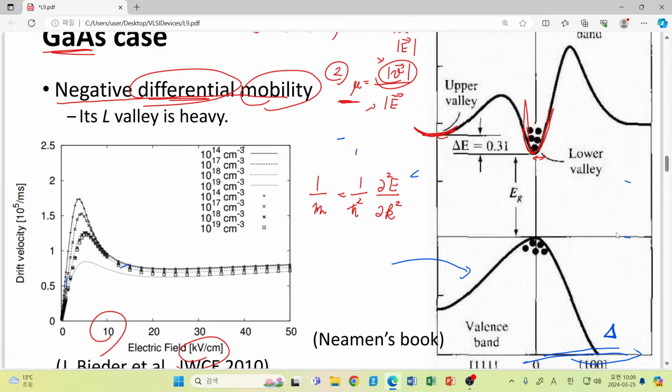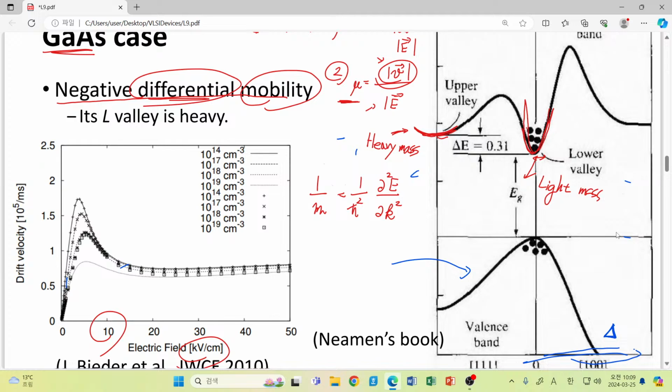So simply speaking, this one corresponds to heavy mass. This one corresponds to relatively light mass.